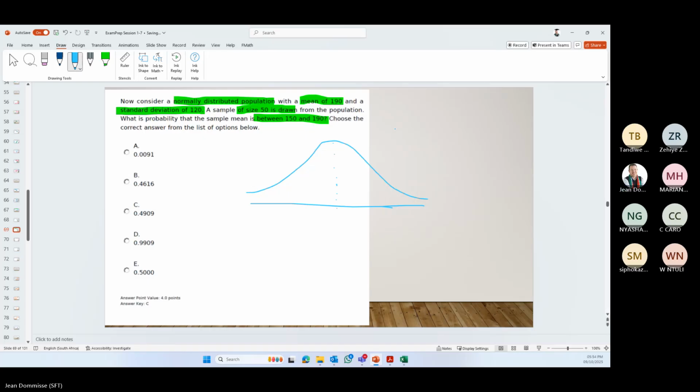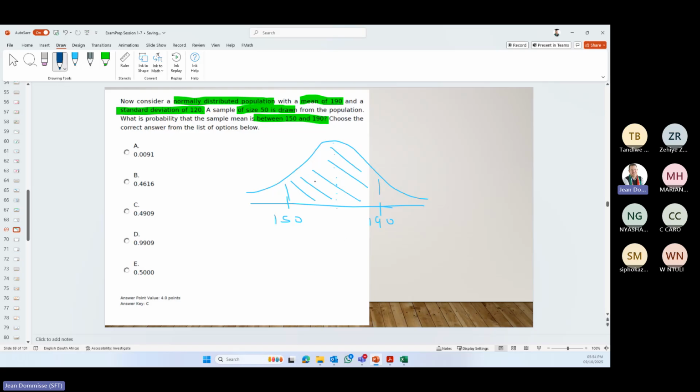We might need to change how it looks on this, but for now we need to check whether x is between 150 and 190. It might change as we work out the z's.